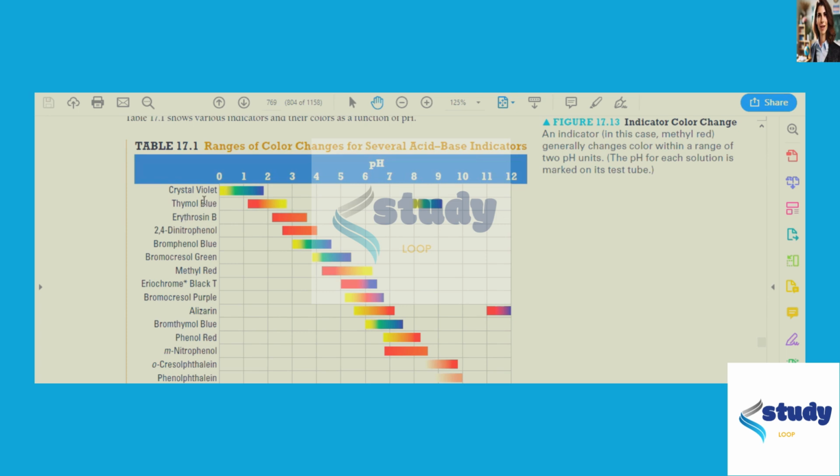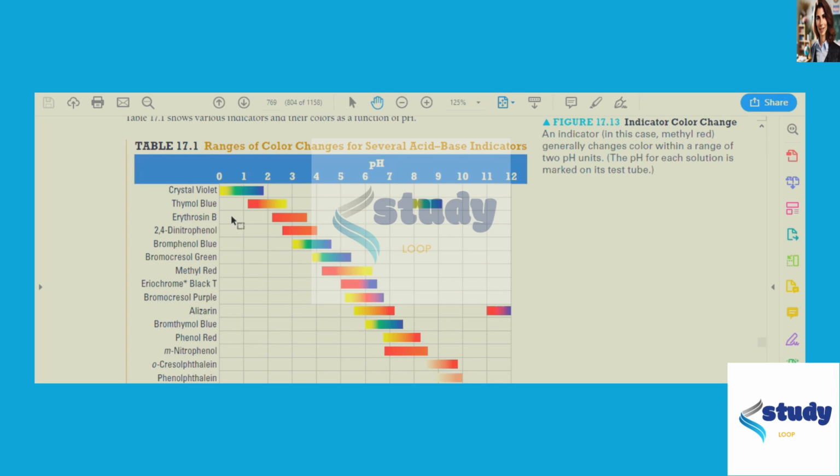As we can see, in this list there are a few indicators and the pH at which they change color. So first we need to know the pH of the equivalence point of the titration.